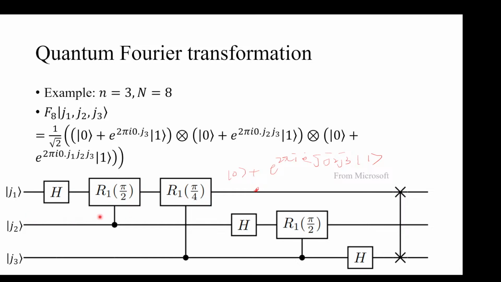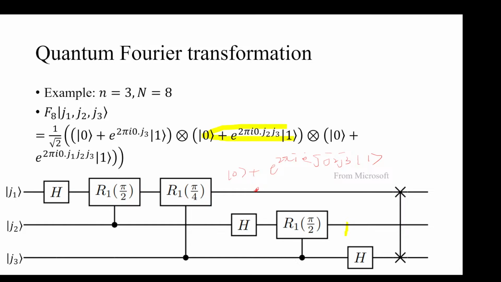I guess we have a different notation here, which is a bit annoying, so it's easier to use this. And then on the second qubit, the result will be this thing.